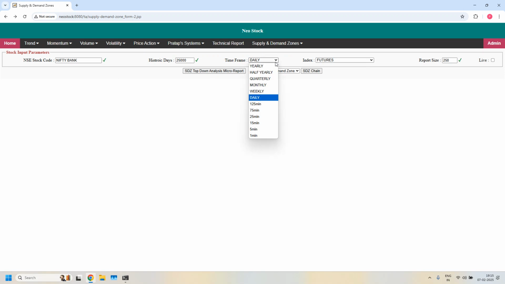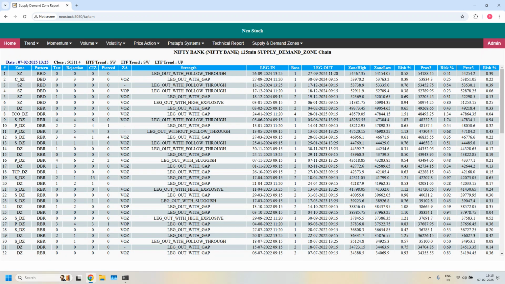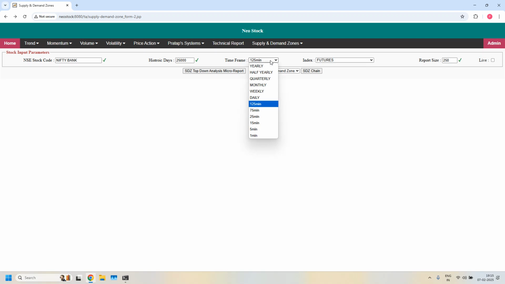Next, 125 minute supply demand zone chain for Bank Nifty. Next, 75 minutes supply demand zone chain for Bank Nifty.